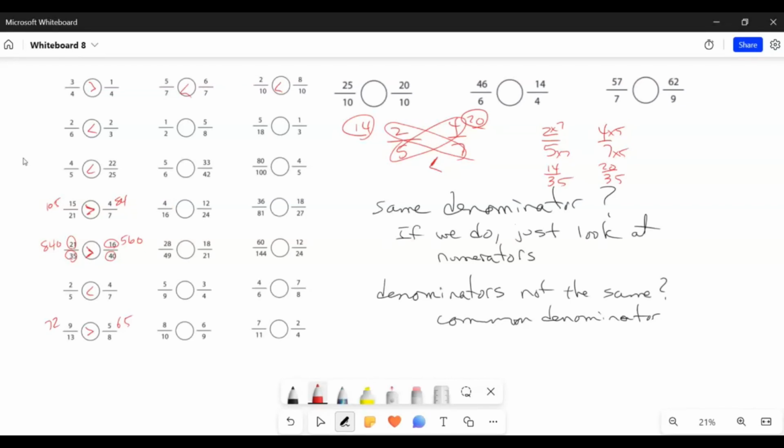Okay, correct. 5/8 is bigger because we do our butterfly method. 8 times 1 gives us 8. 2 times 5 gives us 10. So 5/8 is bigger. Let's do one more.